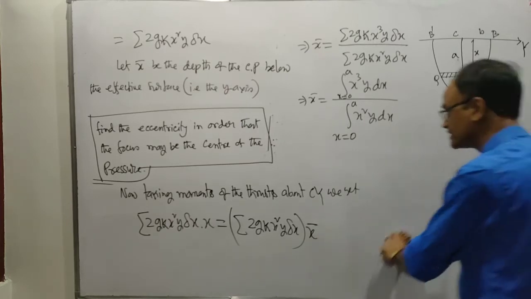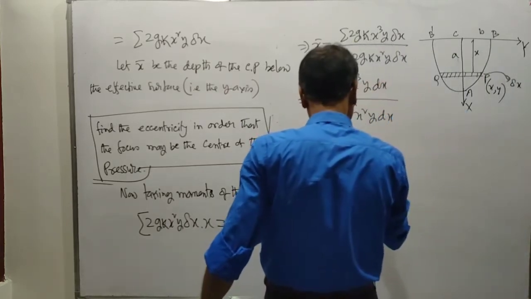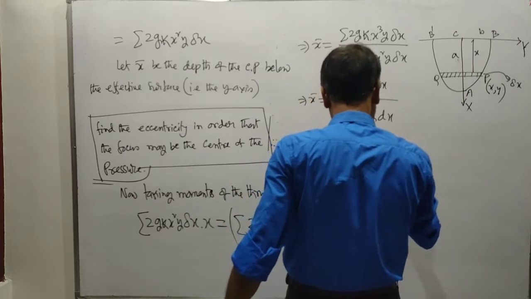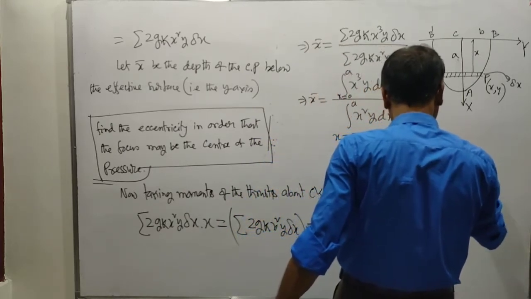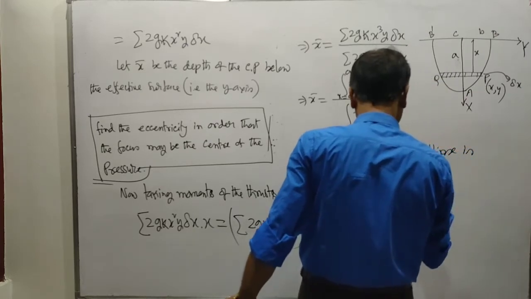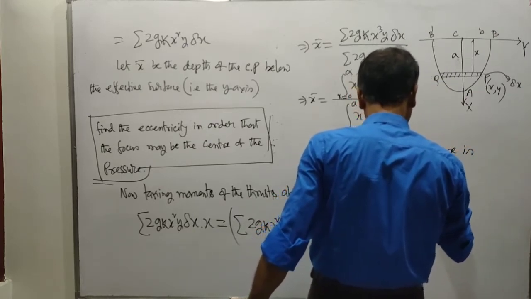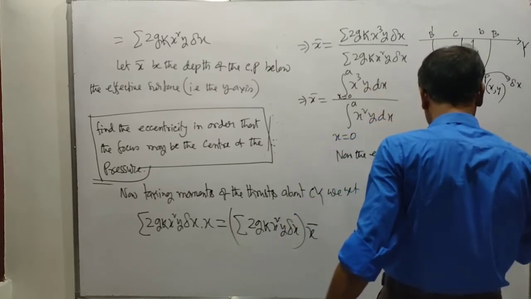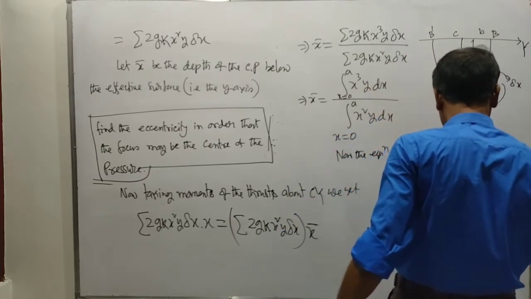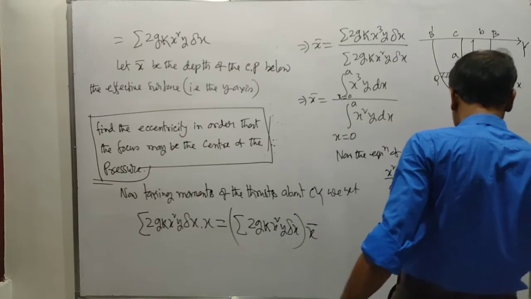The equation of the ellipse is x square by a square plus y square by b square equal to 1. This means y square by b square is equal to 1 minus x square by a square.